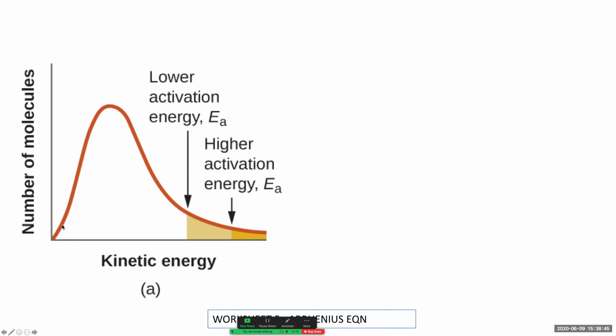In this case, if the activation energy is on the right side and it's labeled the higher activation energy, the darker shaded area shows that only a few molecules have enough energy to overcome that activation energy barrier and result in products. If we have a lower activation energy, we have more molecules that have enough energy to get over that activation energy barrier.